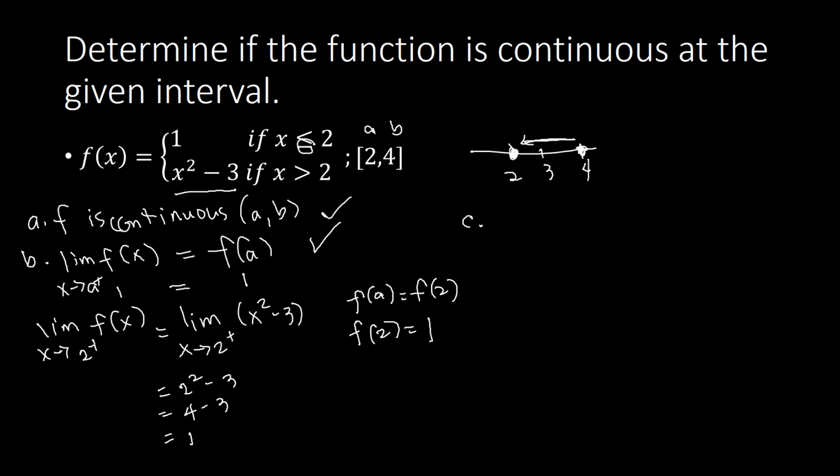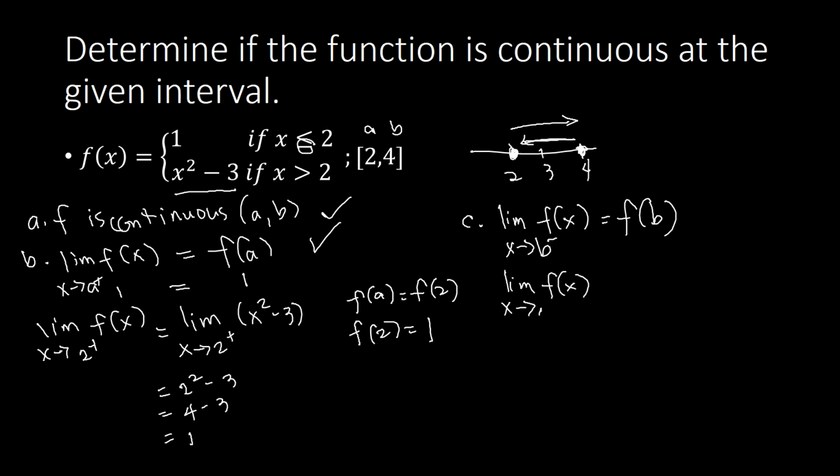Let's go to c. We are going to prove that our limit of f of x as x approaches b, b here is 4, coming from the left side, is going to be equal to our f of b. So finding our limit of f of x as x approaches 4 coming from the left side, we have 3, 2 as the values of x.